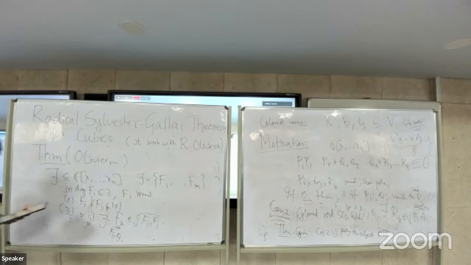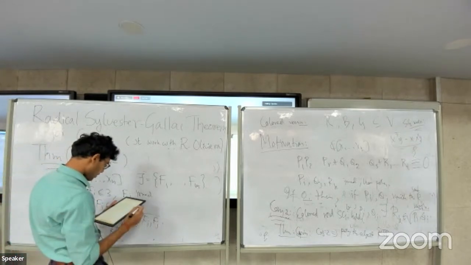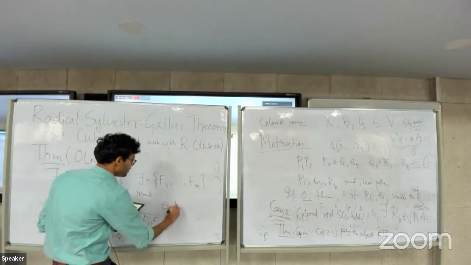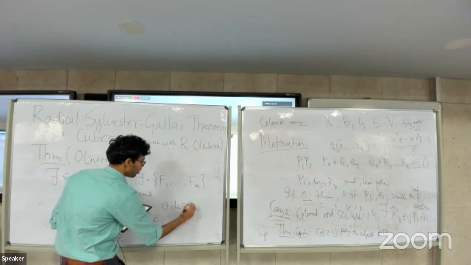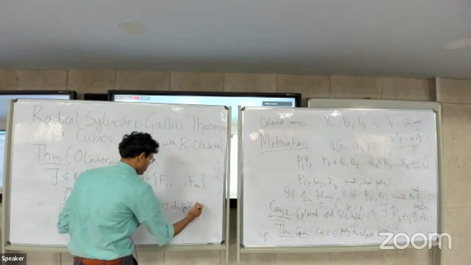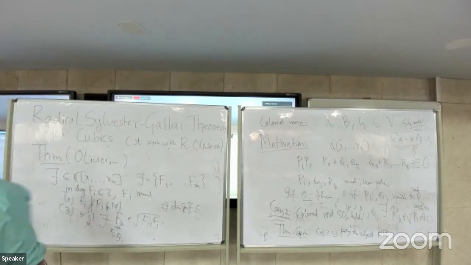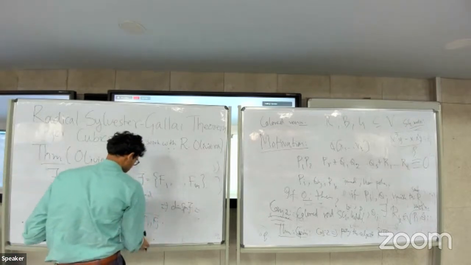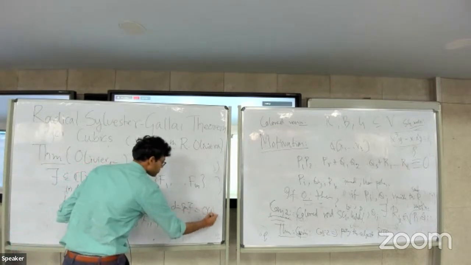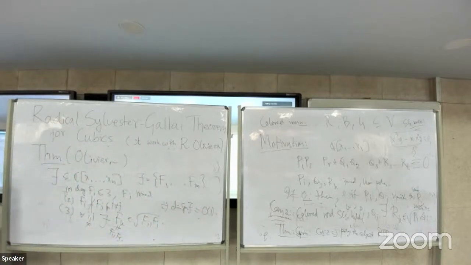Under all these conditions, our conclusion is that the dimension of the span of F is bounded by some constant, say O(1). So that's the theorem we are proving. Any question?